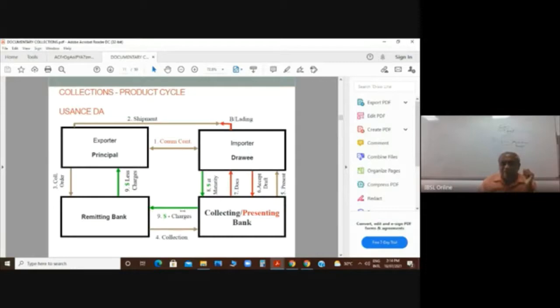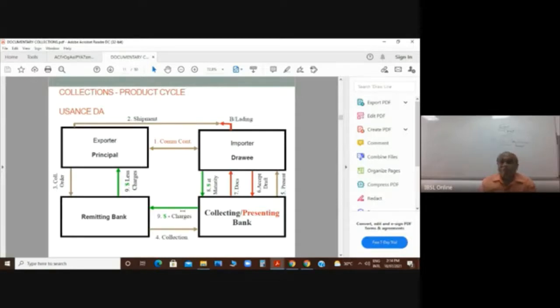Then when the presenting bank or collecting bank receives the documents, they will inform the importer, look, now we have received your collection documents. That is number 5, present. Present means you inform the drawee.